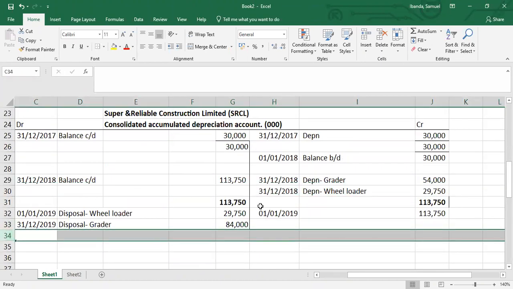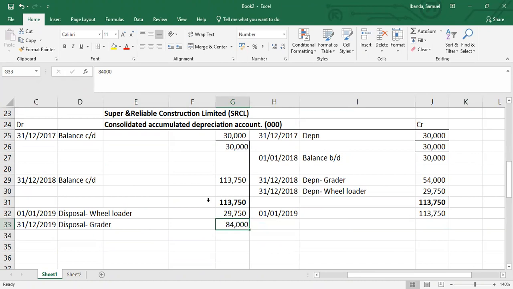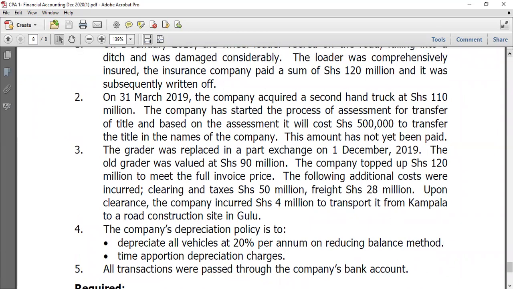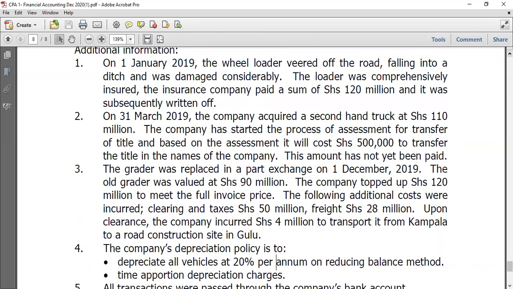Now, since the grader was sold off on 1st December 2019, we should actually also depreciate the grader up to this point in time before we dispose of the grader, okay?